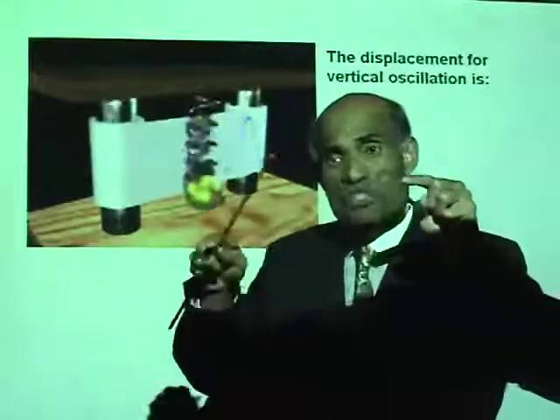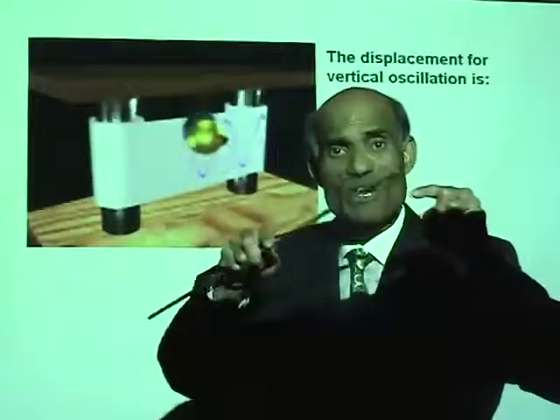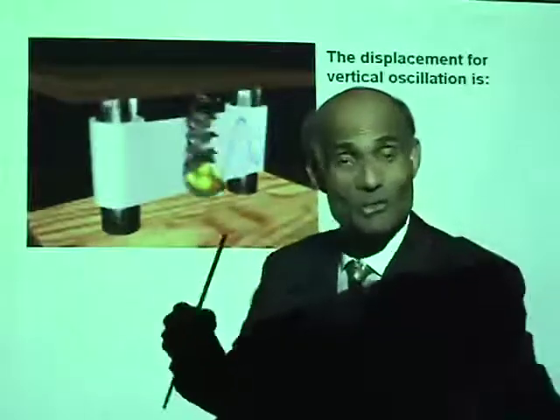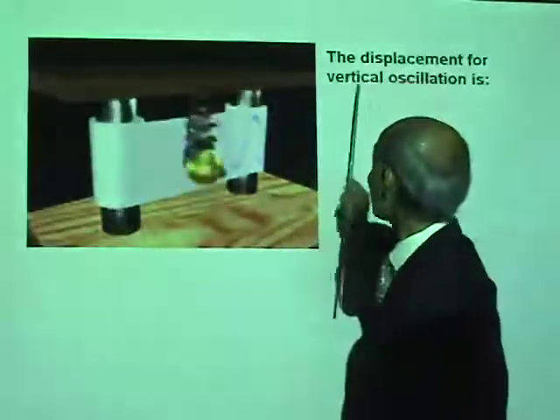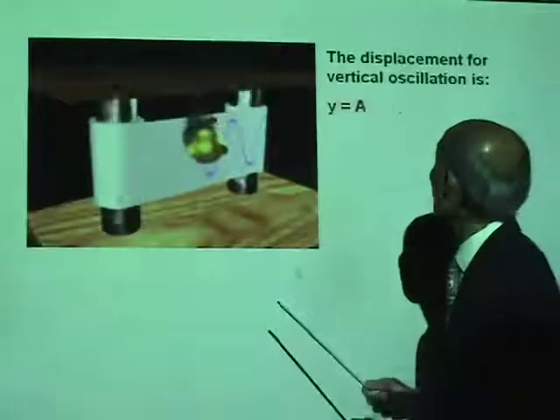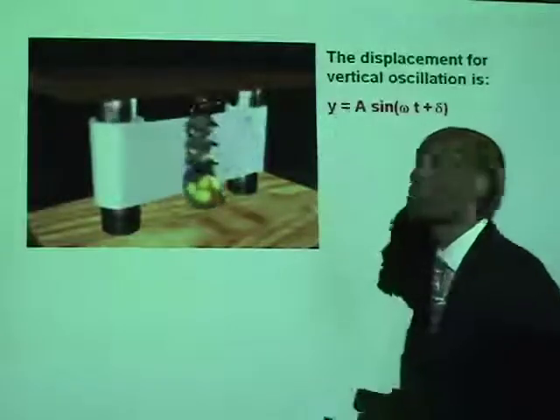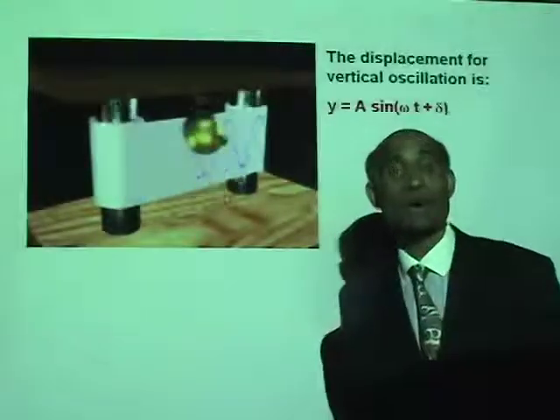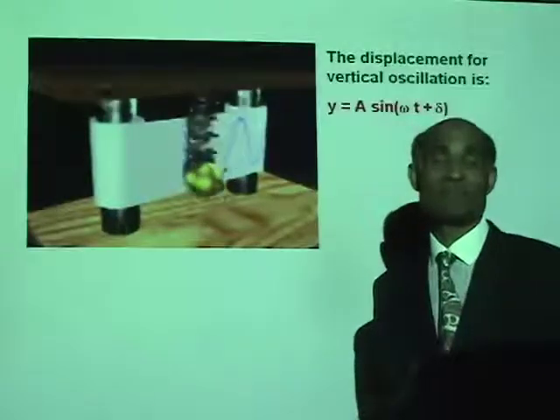What do you call it if distances are measured in the horizontal direction? We call it x, don't we? So the displacement for vertical oscillation is y equal to a sine omega t plus delta.